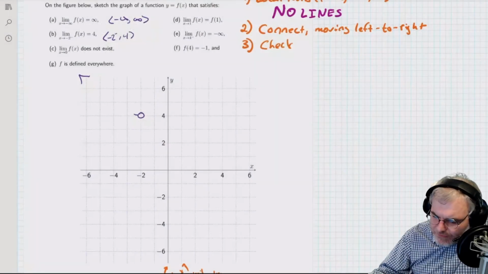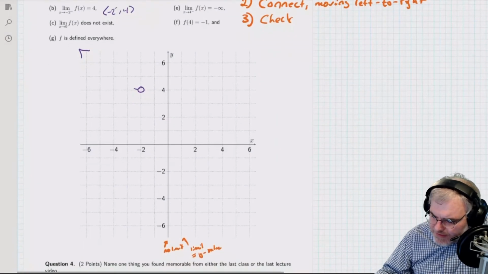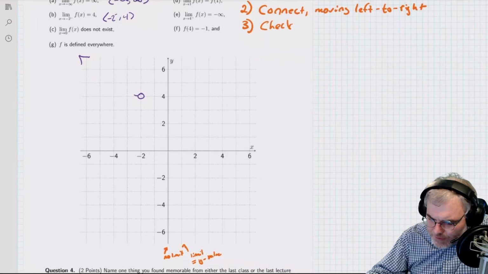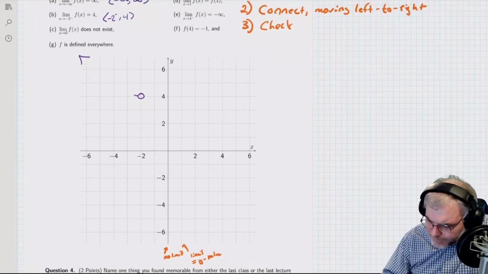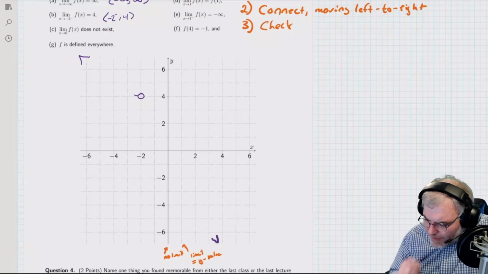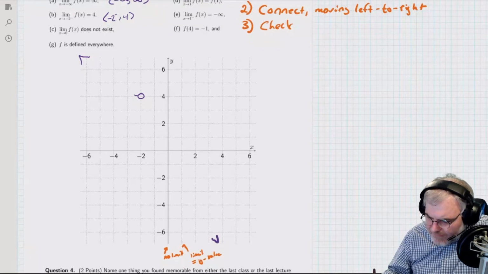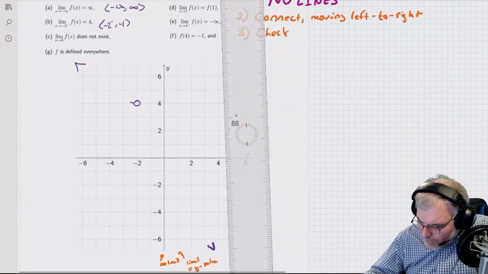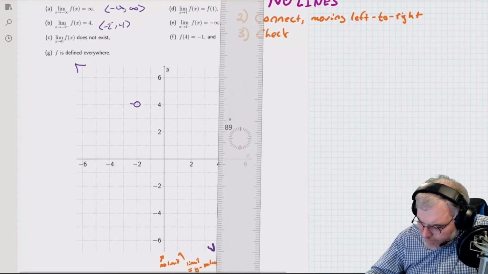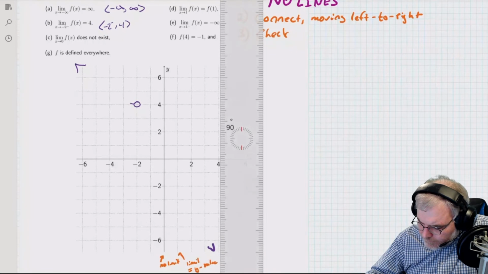So I did this condition, and now I'm going to do this condition here. The limit at 4 from the left is this right here. I'm going to draw a little arrow going down because I'm going down to negative infinity. I've got a little asymptote on one side, so I'll draw that one-sided asymptote as notes.